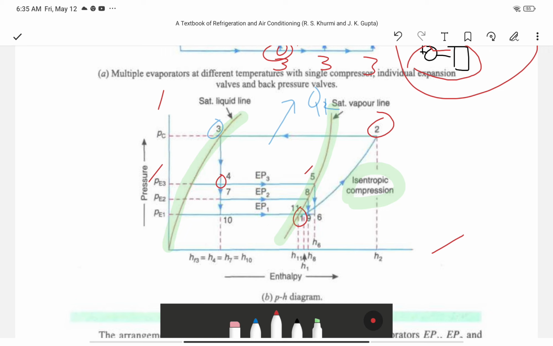The back pressure valve will reduce the pressure to the lowest. And what is the lowest pressure? Of course, the lowest pressure is in your PE1.